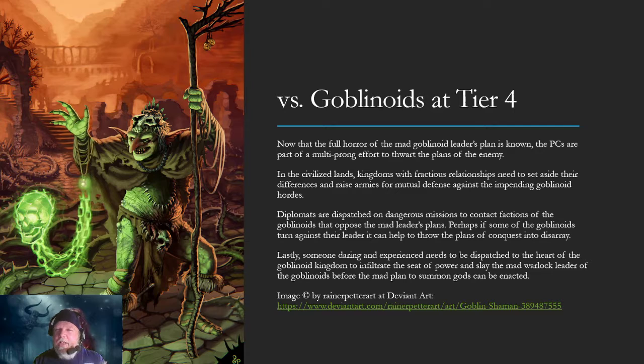So that may be one kind of mission that your party has in that tier of the campaign. Then diplomats are dispatched on dangerous missions to contact factions of the Goblinoids that oppose the Mad Leader's plans. Now, it may not just be going to try to reach these pacifists we learned about.